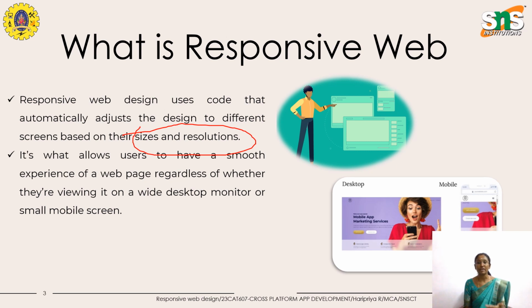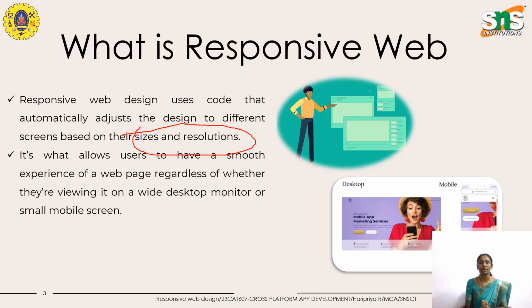Suppose I am using a laptop, this screen will be like this, in a square shape. If I am using a mobile phone, it will be in portrait mode, right? So this particular design will be converted to portrait mode. These designs are the same, but the adaptation will be different because the device is different.